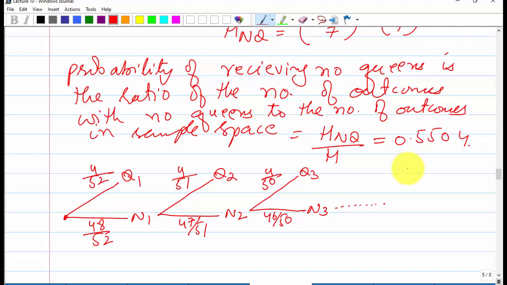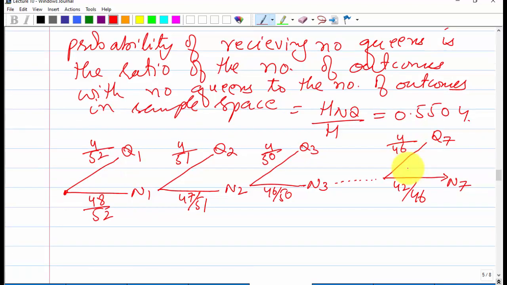We will move on until we reach the seventh card, where the queen probability is 4 over 46, and no queen is 42 over 46.